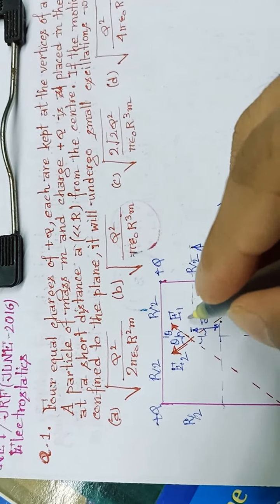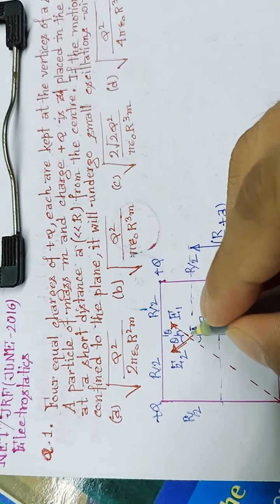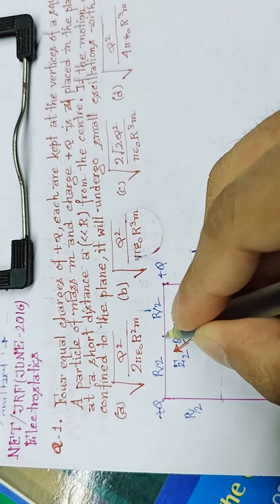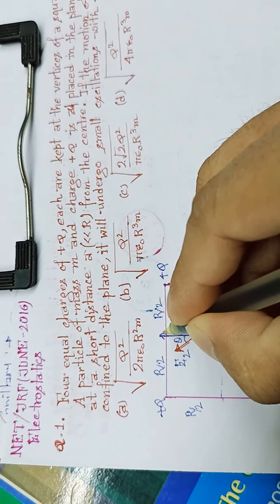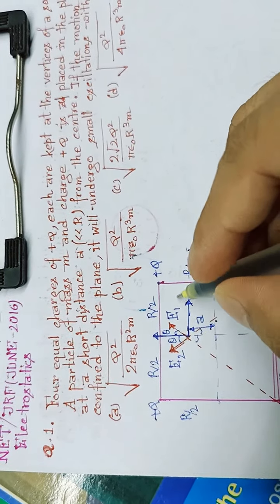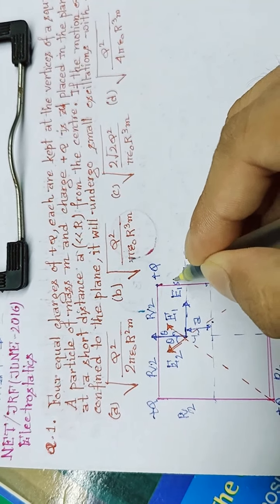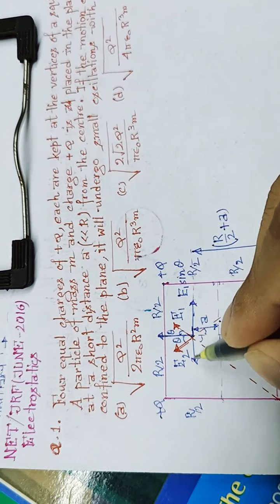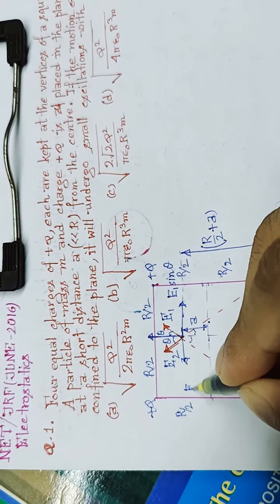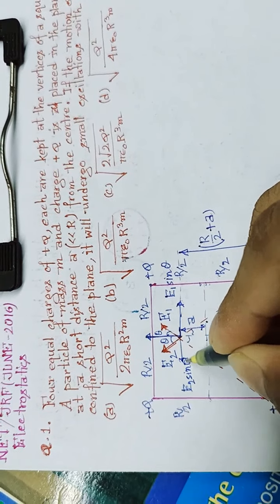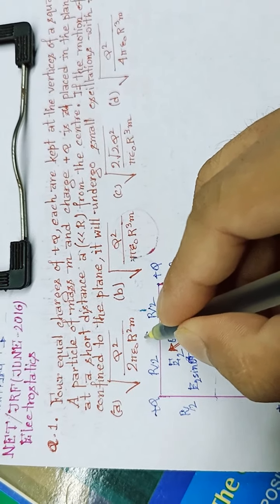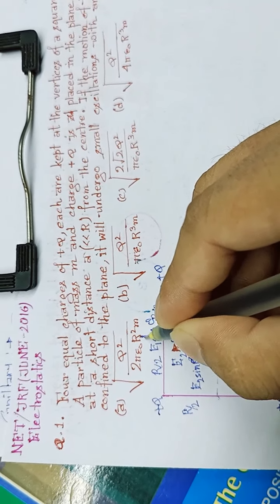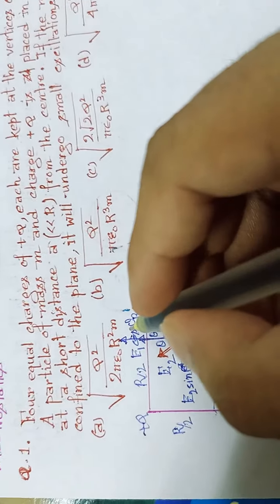Now for this E1, there will be two components of E1. One is E1 cos theta and another one is E1 sin theta. There will be another component of E2, E2 sin theta, and another component E2 cos theta.